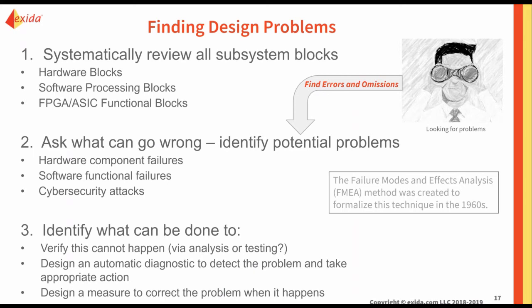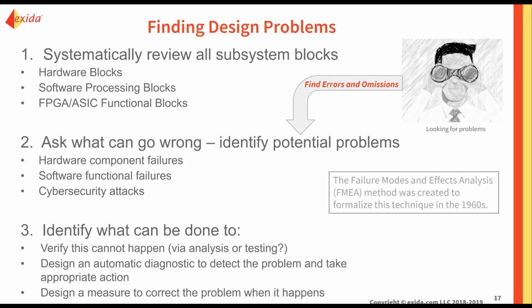We systematically review all the subsystem blocks, basically from bottom up. And that includes hardware blocks, software blocks, FPGA or ASIC functions. For any block, we ask, what can go wrong in that block? Hardware failure modes, software functional failures, or cybersecurity attacks.